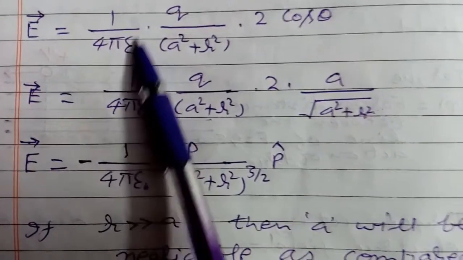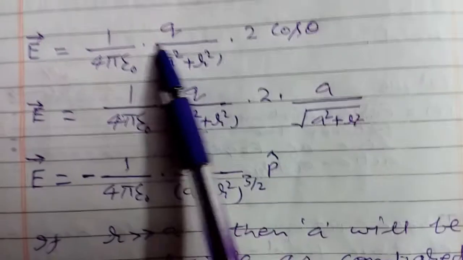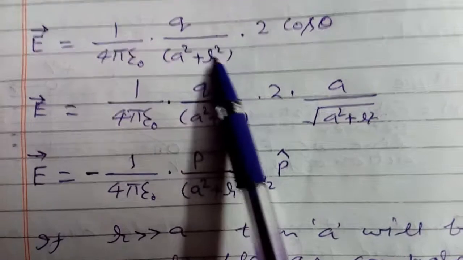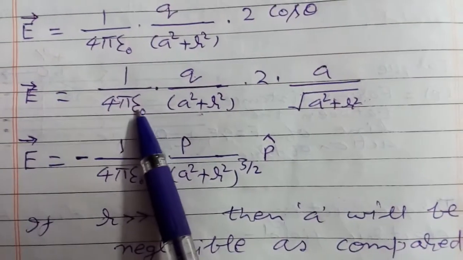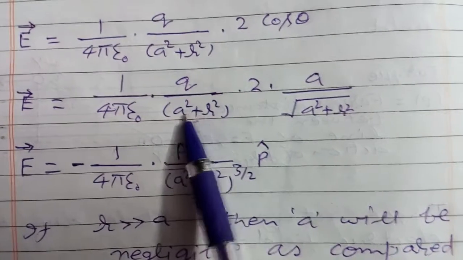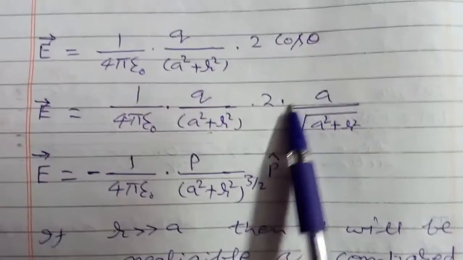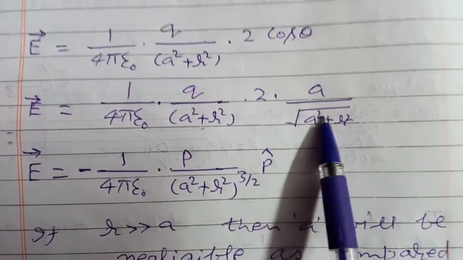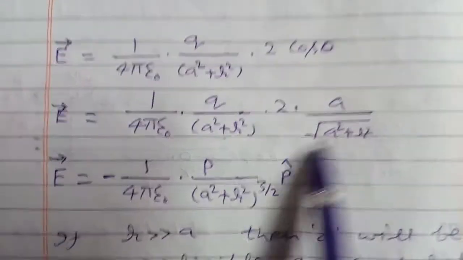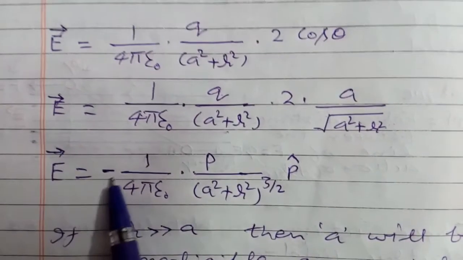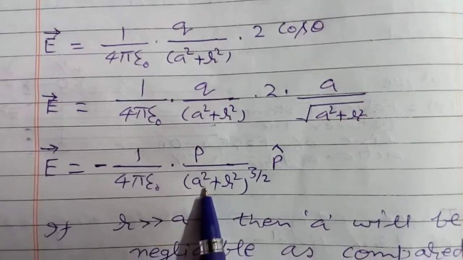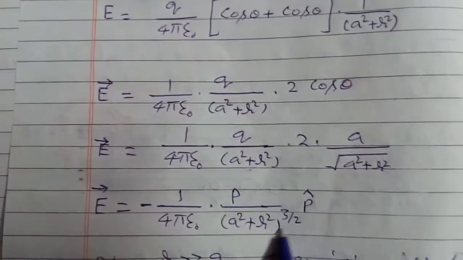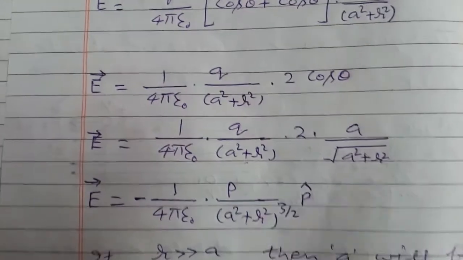Net field E is equal to 1 upon 4 pi epsilon naught into q upon a square plus r square into 2 cos theta. So E is equal to 1 upon 4 pi epsilon naught q upon a square plus r square into 2, and the value of cos theta is equal to a upon under root a square plus r square. Solving it, we get E is equal to minus 1 upon 4 pi epsilon naught into p upon (a square plus r square) to the power 3 by 2 into unit vector p.